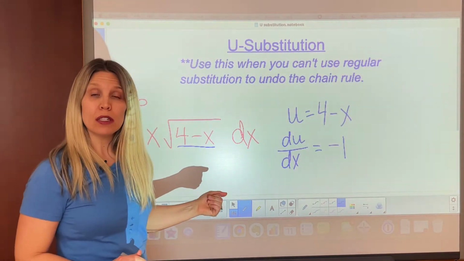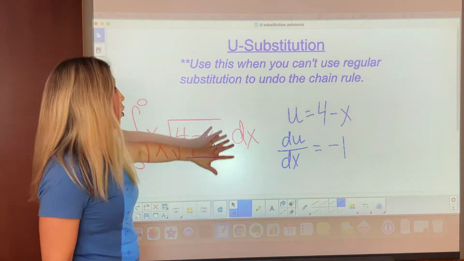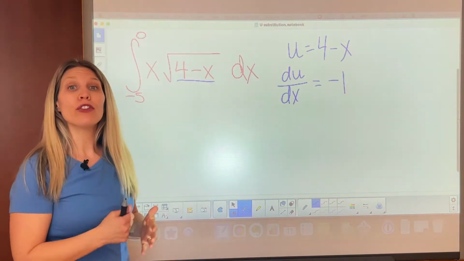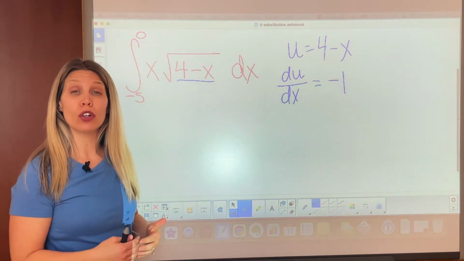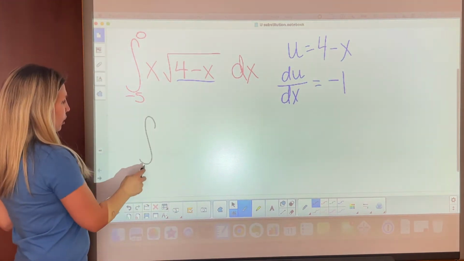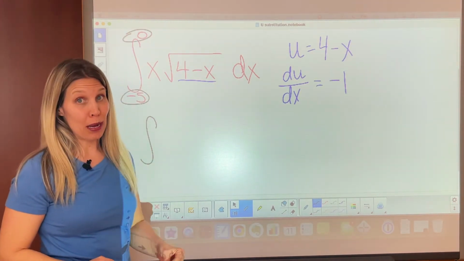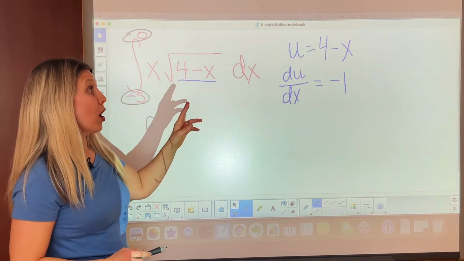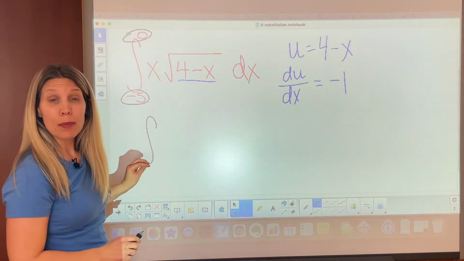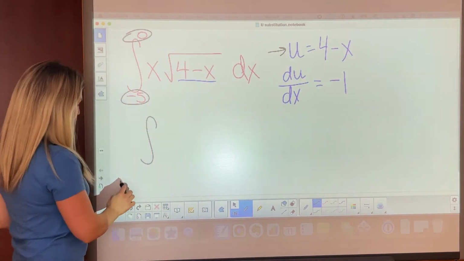Once you have these pieces, we're actually going to substitute in everything over here with the x's for a U variable. The first thing we have to do is rewrite our integral in terms of U instead of x. Now these bounds are x value bounds, but we want everything in terms of U. So to write these bounds in terms of U, we go over here to our equation.